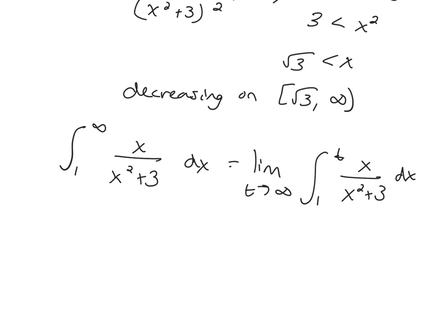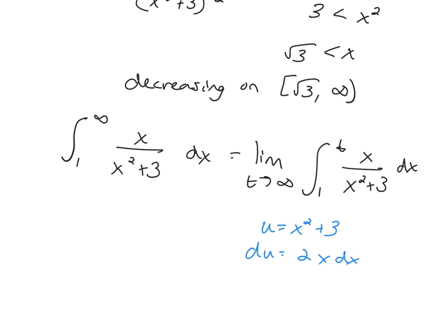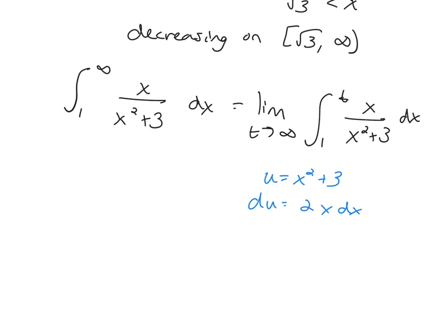So I'm going to do u equals x squared plus 3, du is 2x dx. So I'm getting the limit as t goes to infinity, 1 over u, and I'll have a 1/2 out front.